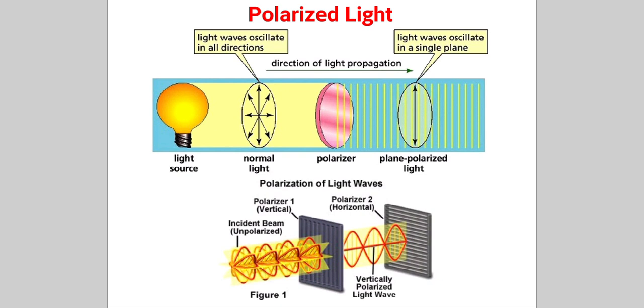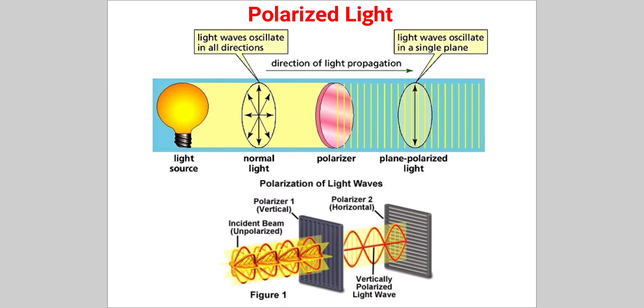That means if the light is emitted from the light source, initially it has an infinite number of directions, but if the same light passes through the polarizer, it is converted to only one direction. That means it will move perfectly in only one direction in the form of simple harmonic motion.